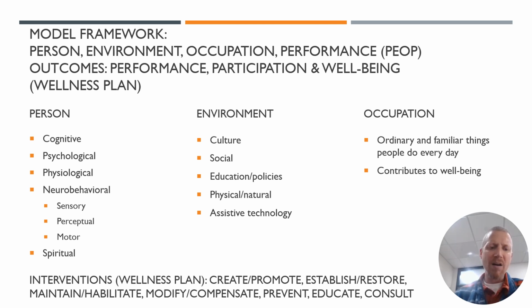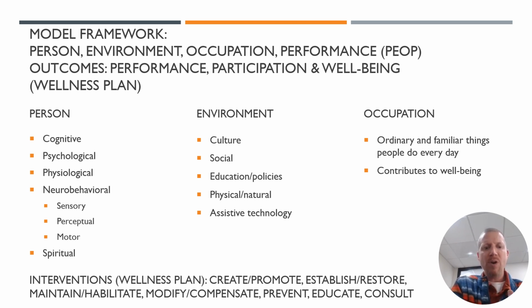When we look at how we assess, we want to look at all aspects of the person. So cognition: how could we assess a person's cognition? Well, after our occupational profile, I might hold off on assessing cognition until I get a feel for how they are answering questions. You can get a sense of how their cognition is.